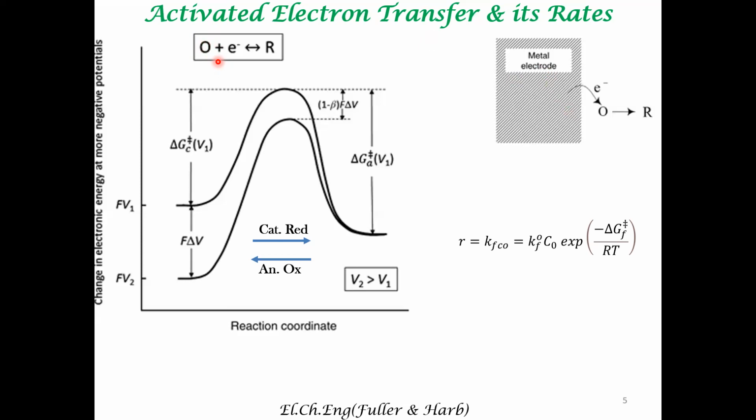I am using this term collision to make an analogy with what you've seen in your chemical kinetics. There are collision theories that are utilized. Likewise, we have similar notions in electrochemical systems. So the rate of forward reaction will involve a collision of electrons and oxidized species.